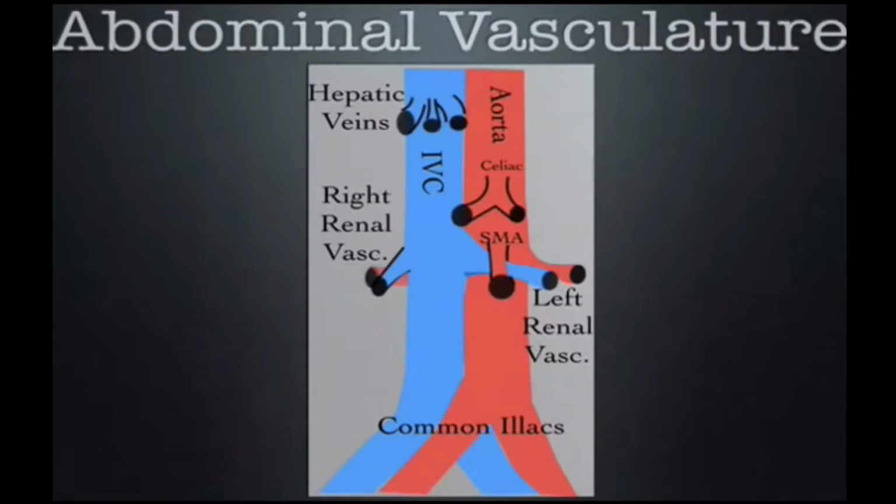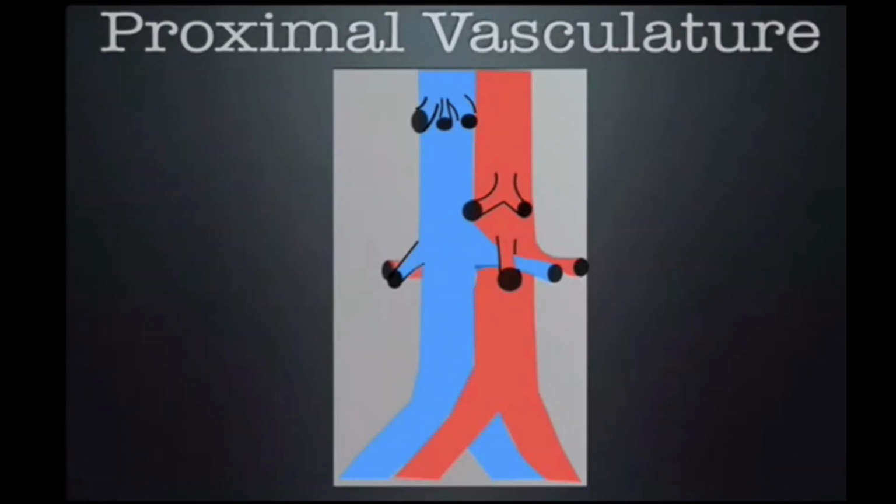So here's some of the vasculature that we're going to review. Obviously the aorta and the IVC and some of the major branches. Now I think the best way to approach this is to break the major vasculature of the abdomen into three different parts, and we're going to start off with the proximal vasculature.